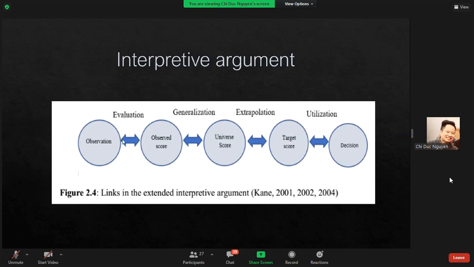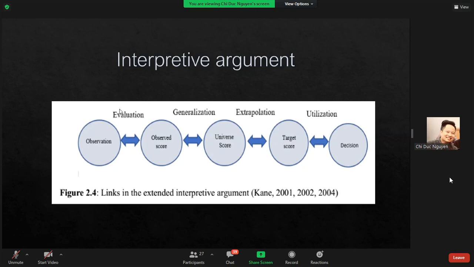And in order to justify these arguments, we have to find relevant evidence, relevant warrants, relevant backings, relevant rebuttals. From that, we can ensure that our argument is strong and validated.